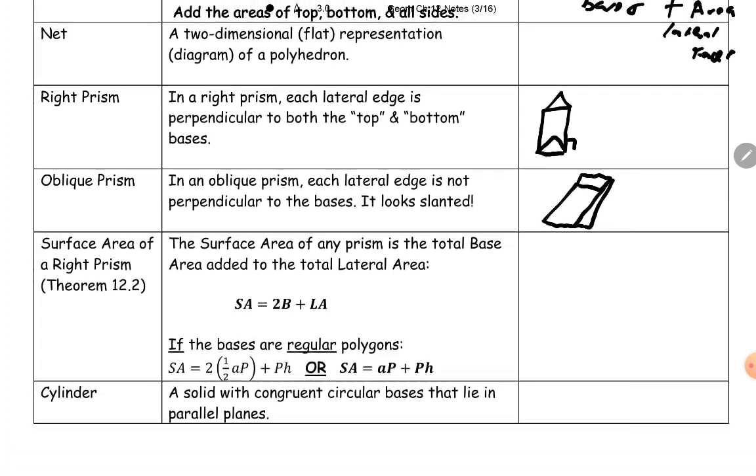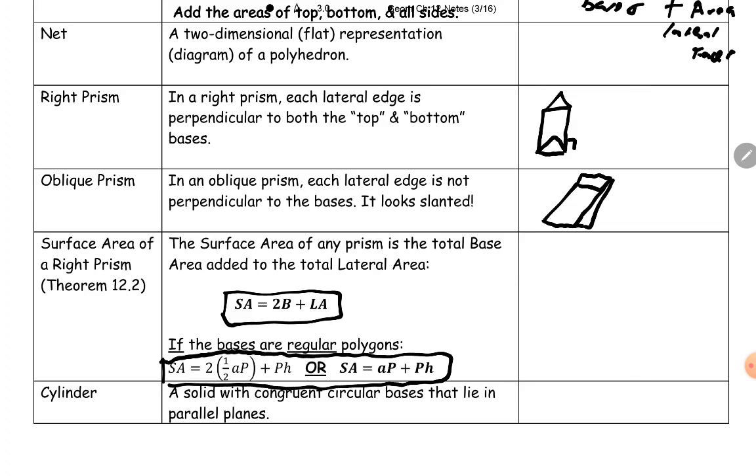The surface area for any prism is the total base area added to the total lateral area. So there's this formula, but I tend to use these two formulas on the bottom here. But let's take a look at this formula.